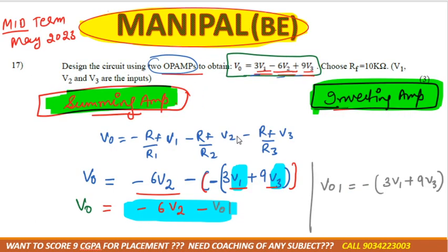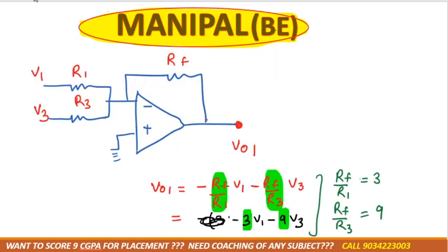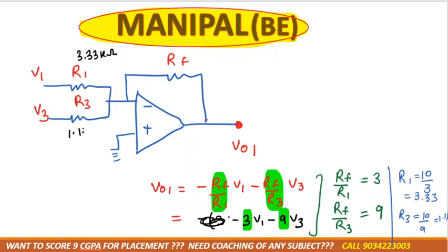And RF they have already mentioned in the question, that is 10 kilo ohm, correct? So if RF is 10 kilo ohm, R1 is 10 by 3, that is 3.3, and R3 is 10 by 9, that is 1.11. It's kilo ohm, so R1 is 3.3 kilo ohm, R3 is 1.11 kilo ohm, and RF is 10 kilo ohm.